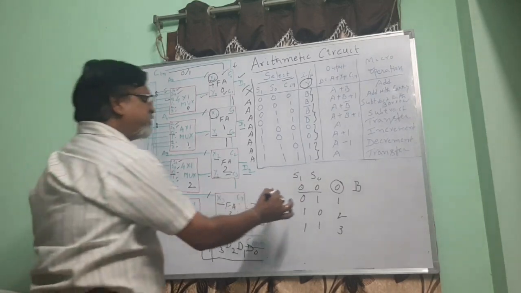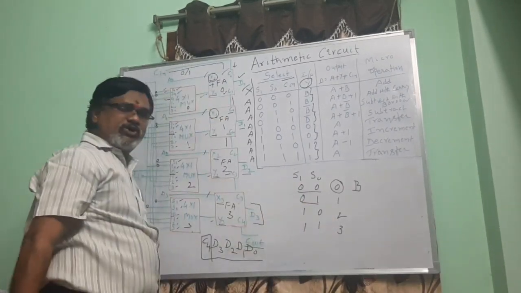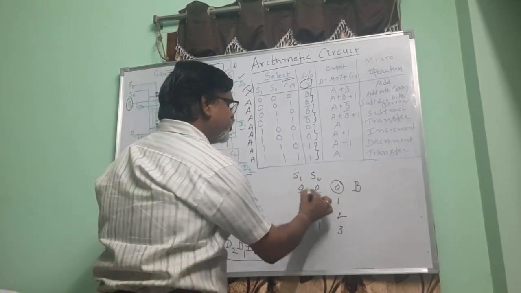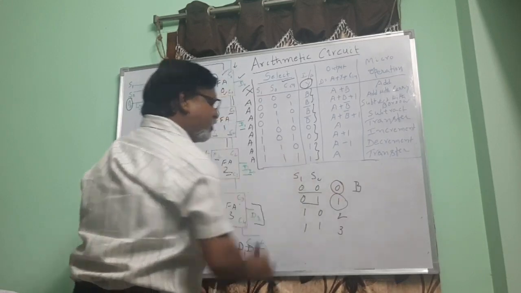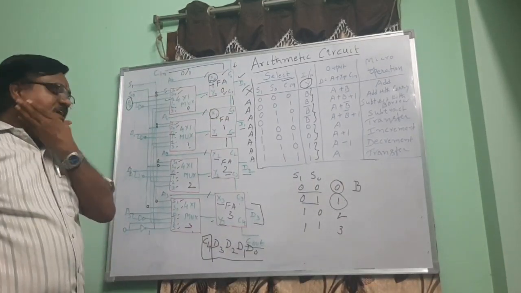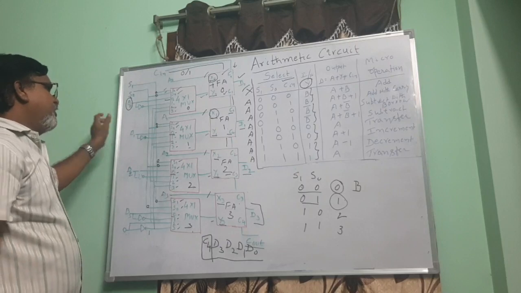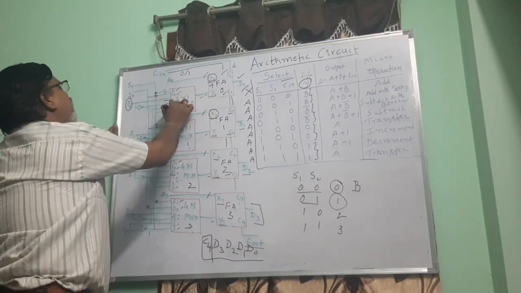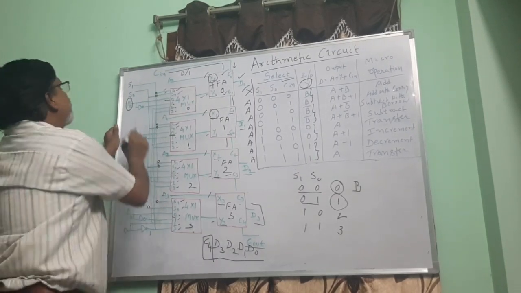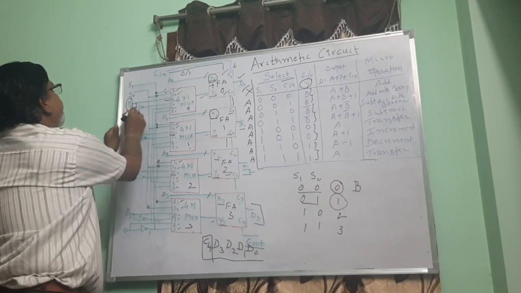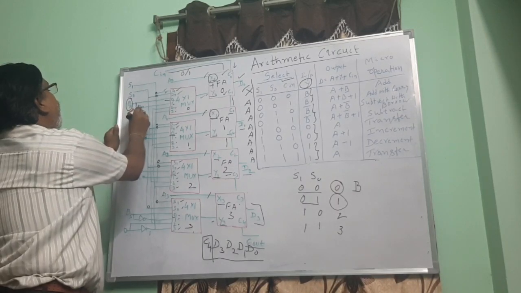And if S1 and S0 are 0 and 1, whatever input we transfer at position plus 1, the second option of your multiplexer, is B0 directly given, but complemented.